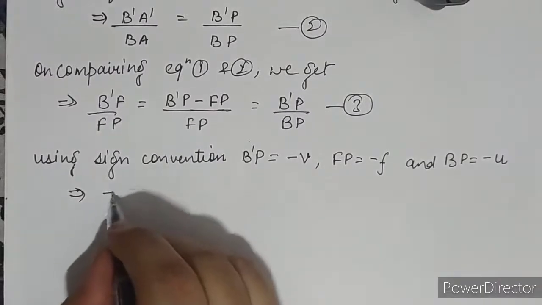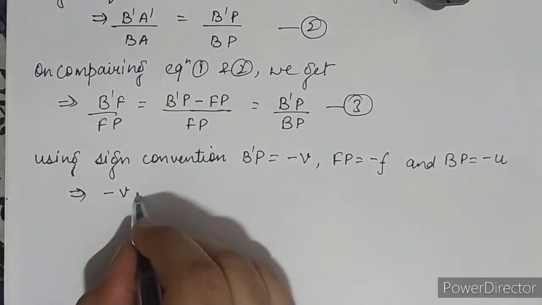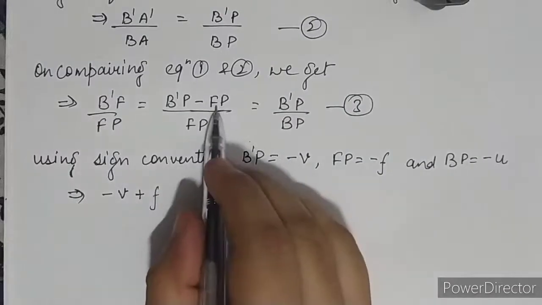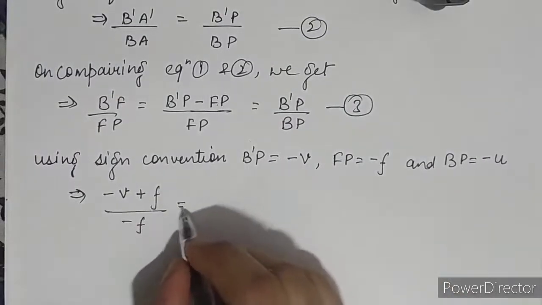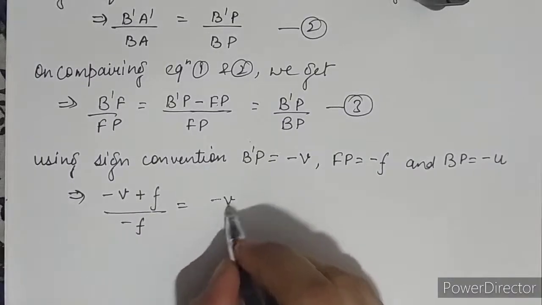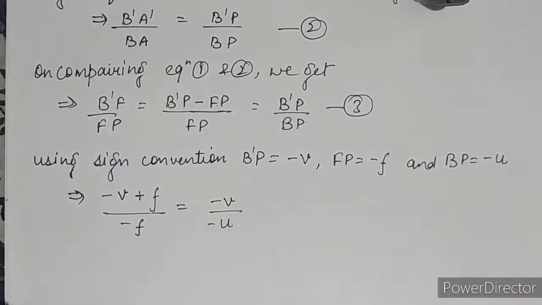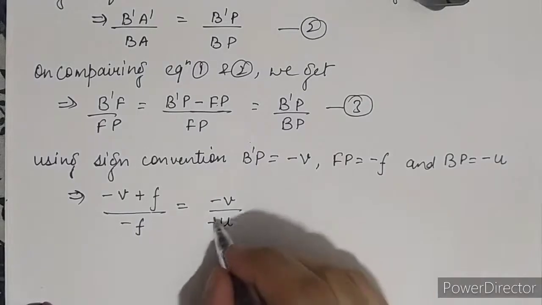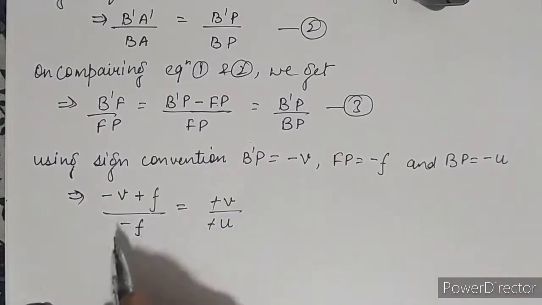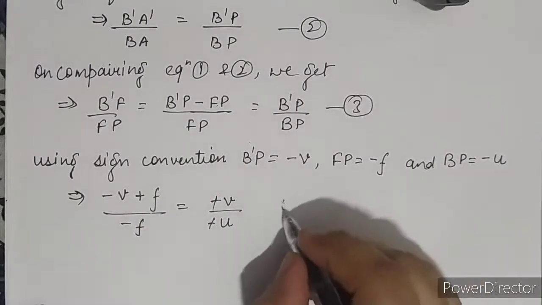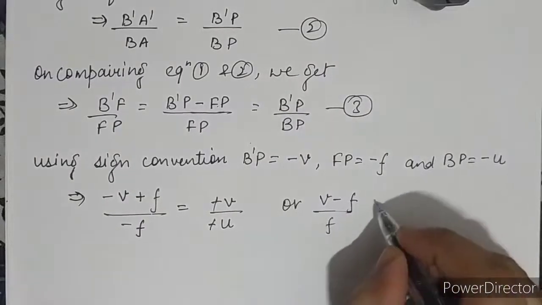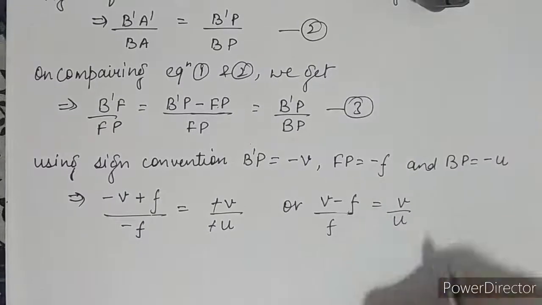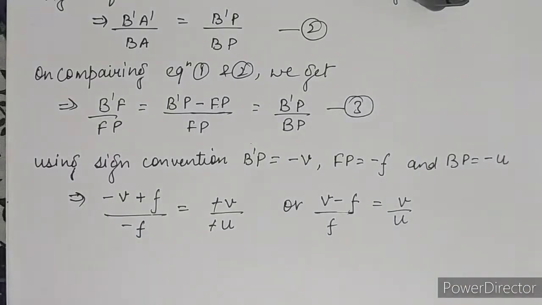So here B'P means minus V minus plus F, FP is minus F, upon minus F is equal to minus V upon minus U. Clear? So this minus has been cancelled out and this will become like this. We can write V minus F upon F is equal to V upon U. Okay, clear?